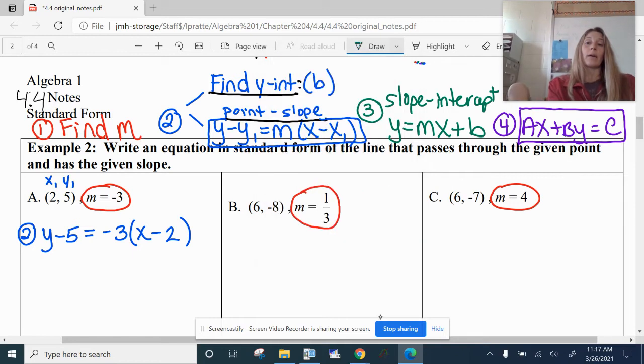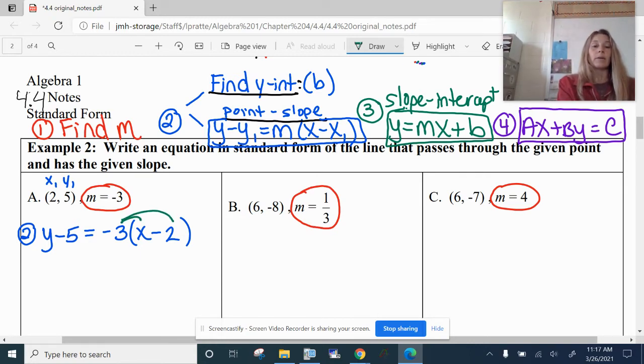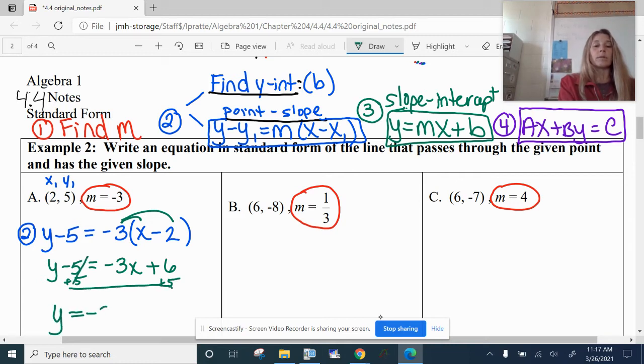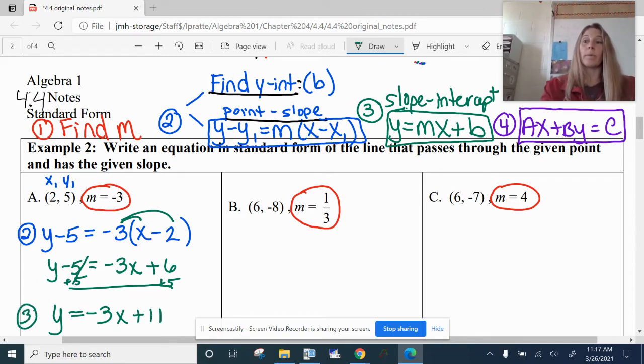But now I have to get my slope-intercept equation. And I'm going to do that just by getting rid of my parentheses. So -3x plus 6. And then I'm just going to add my 5 over to the other side. And that's going to get me y equals -3x plus 11. And that would be my slope-intercept form.